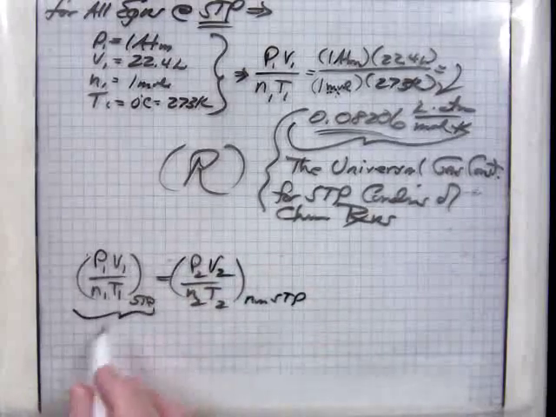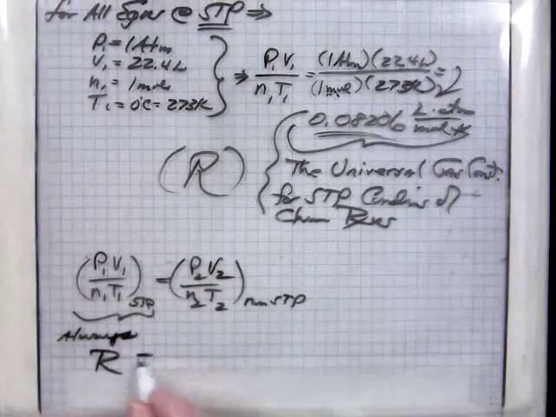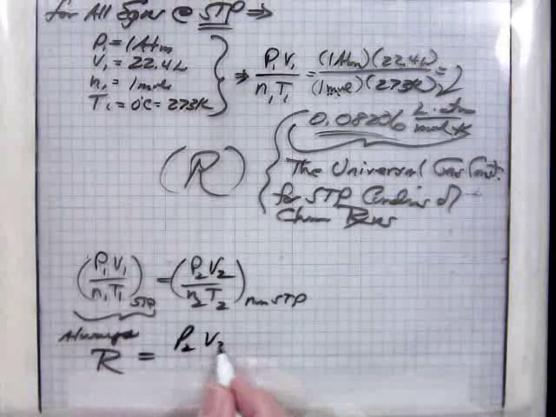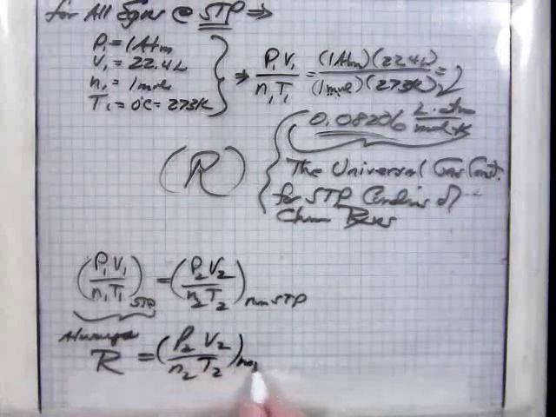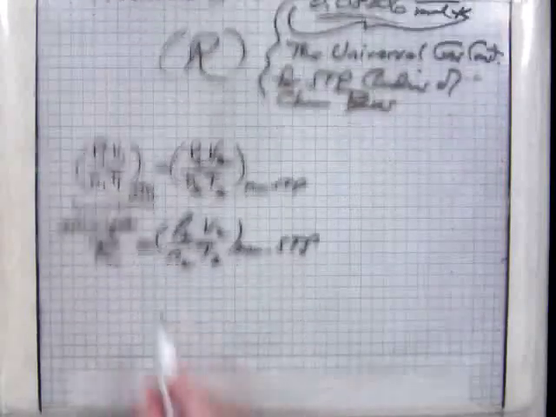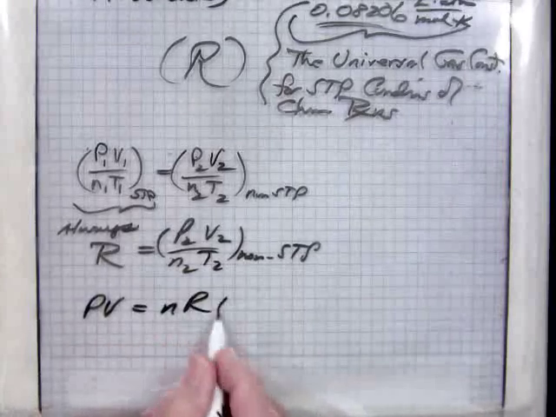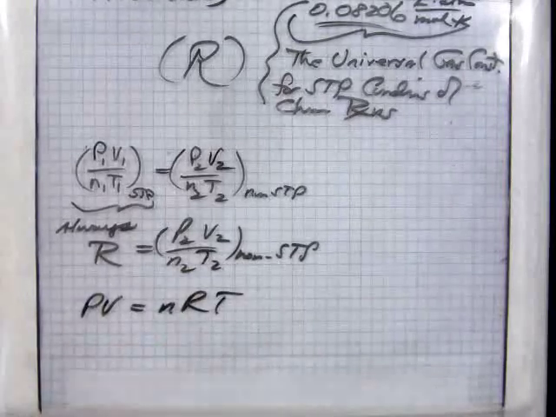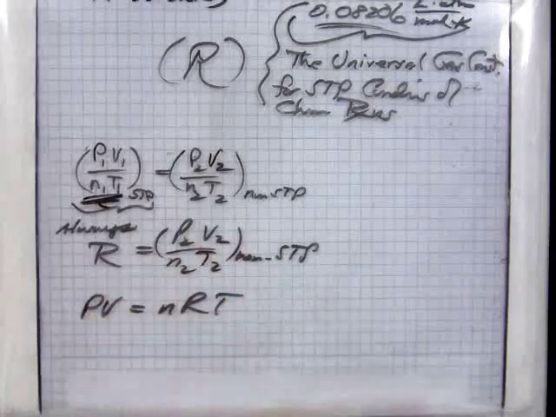This one is always R, which equals P2V2 over N2T2, which is non-STP, and this of course translates to the standard PV equals nRT. Well, this R is your STP conditions that we just dealt with right here.